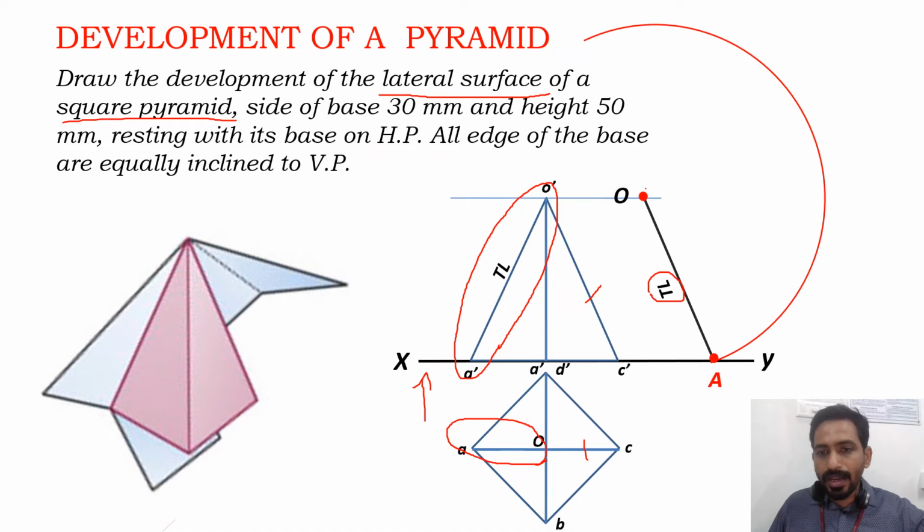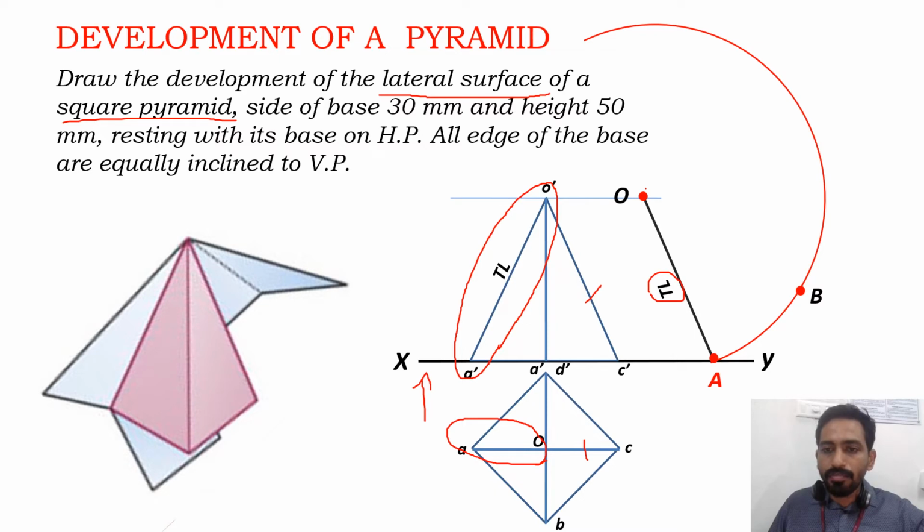O as the center and OA as the radius, I will draw an arbitrary arc here, and now I will mark B, C, D, A at a distance 30 mm from the corresponding point. So I'll mark B at a distance 30 mm from A.